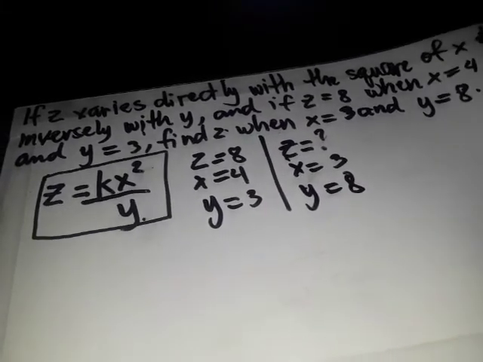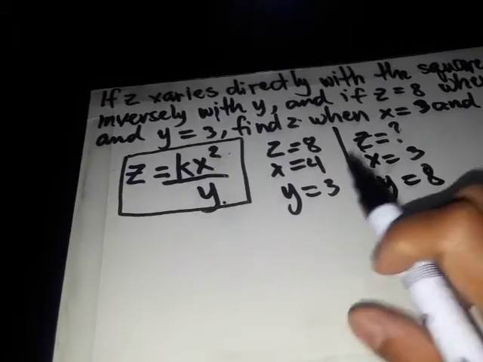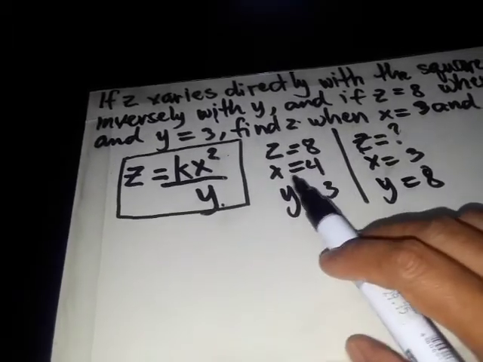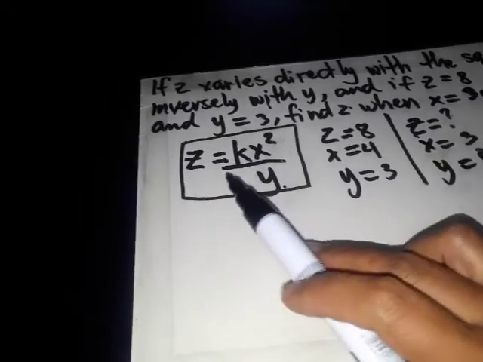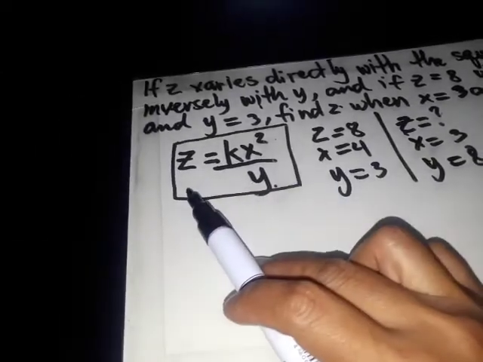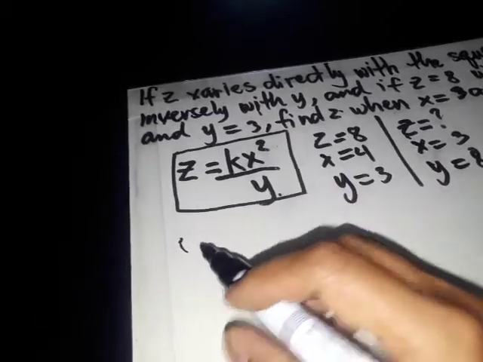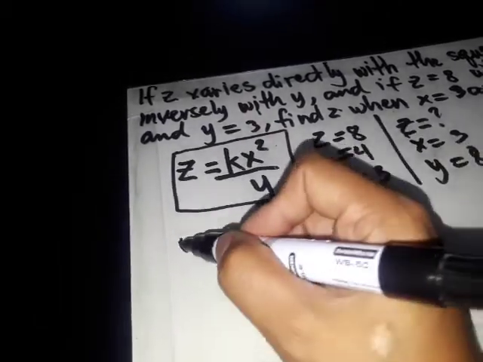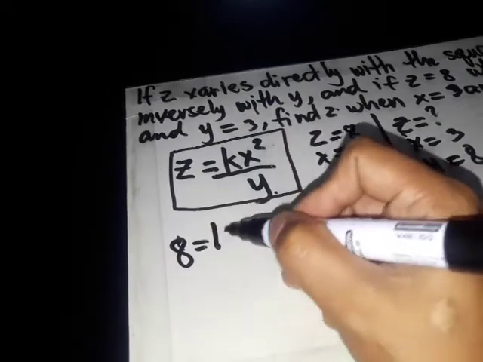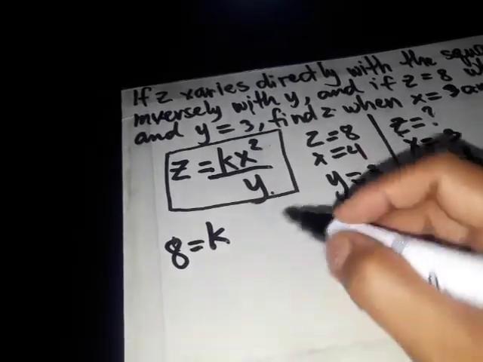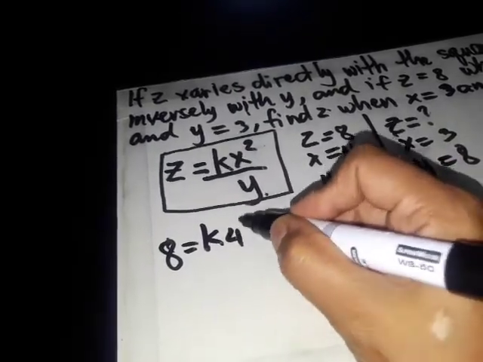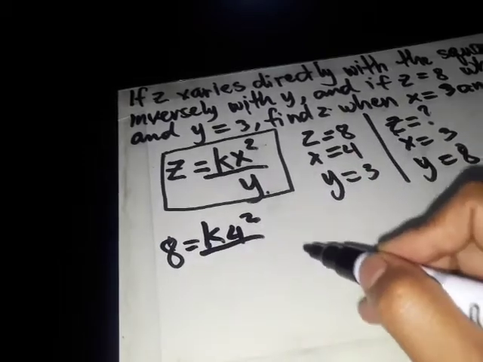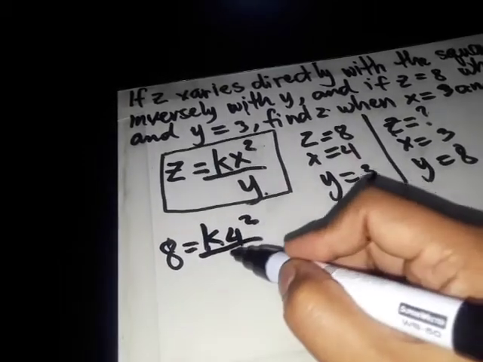Ngayon, gaya ng previous examples, unahin natin gamitin to para makuha natin ang ating constant or k. So, substitute lang natin ang mga given na to sa ating equation. So, we have z, which is 8, is equal to k. Ang x natin ay 4. 4 squared all over y is 3.